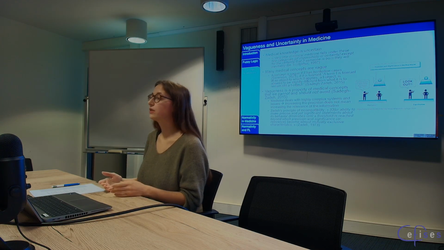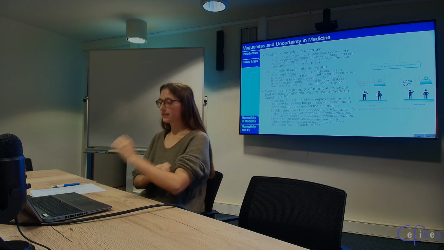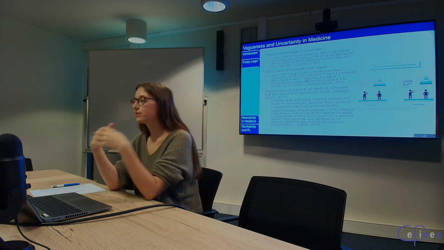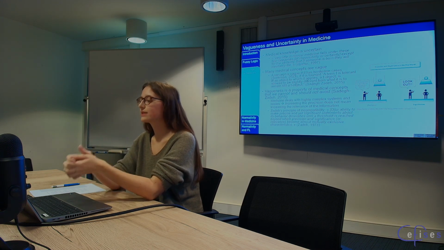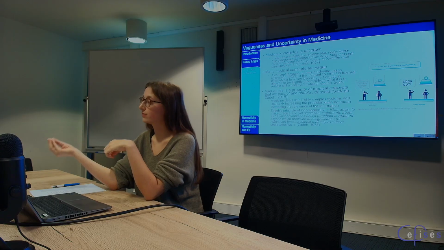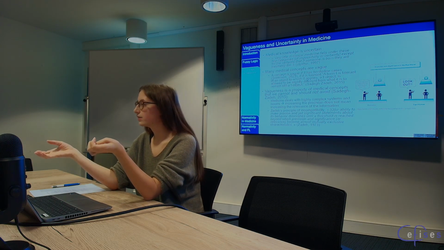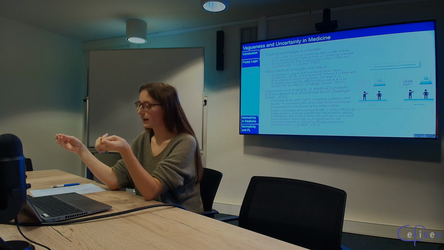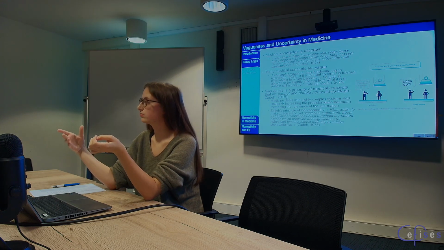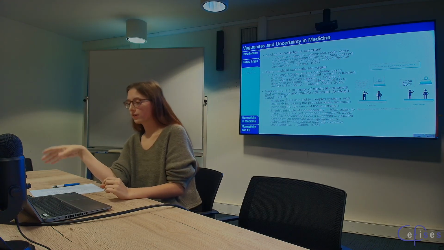But we should not avoid it because increasing the precision does not always mean increasing the relevance of the information. And because medicine has a practical goal, we want to have relevant information to do actions.